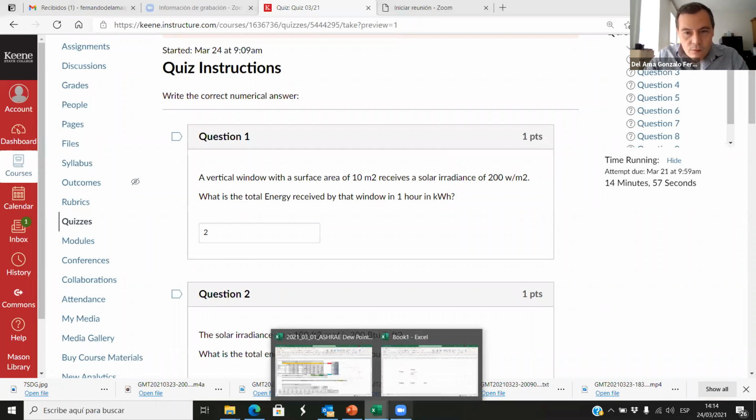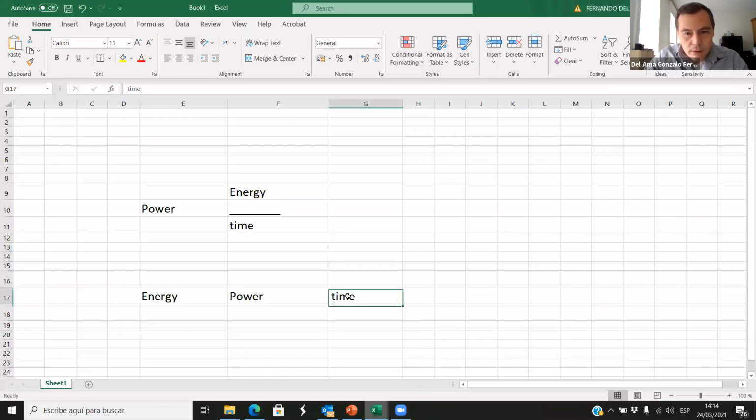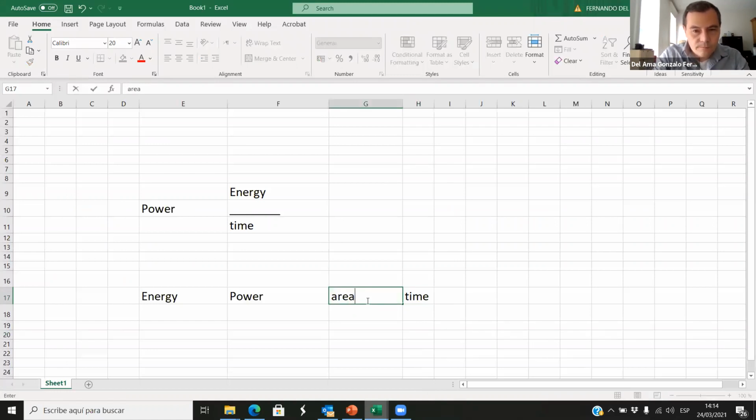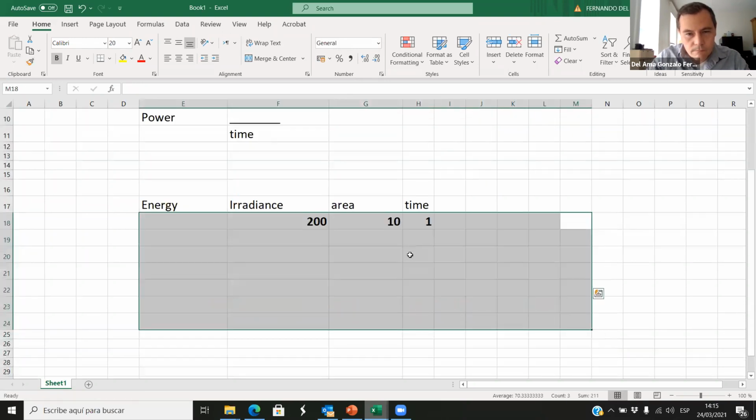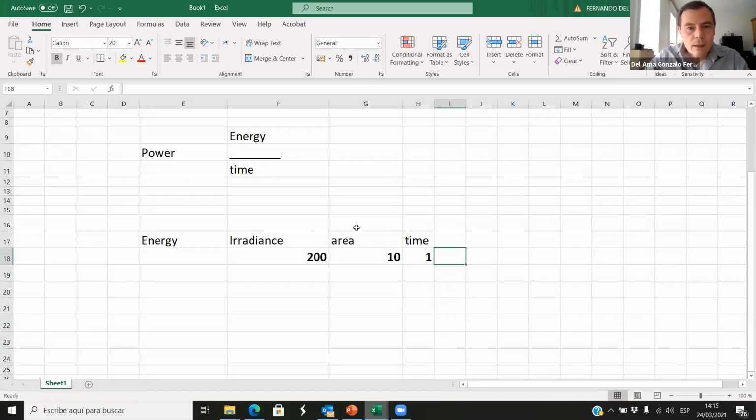Okay. We can do this with an Excel file. We can have the area. So if we do this with the Excel file, we call this irradiance. We have 200. The area is 10, and the time is 1. Okay.